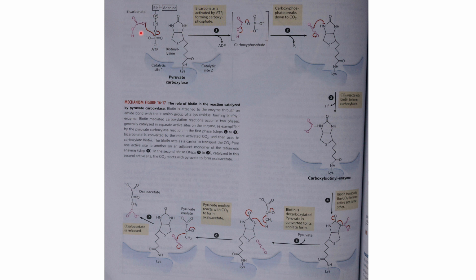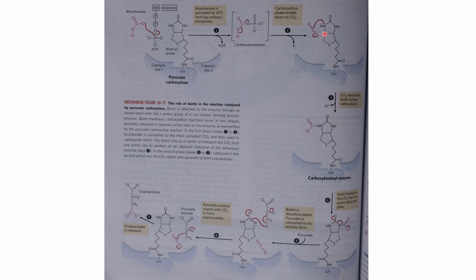So this oxygen, the electron pair, removes the phosphate terminus, and you get carboxyphosphate, which is a short-lived intermediate. You get a conversion of this, and you get CO2 developing. And CO2 then is bonded to the nitrogen of this, which is anchored to a lysine right here.